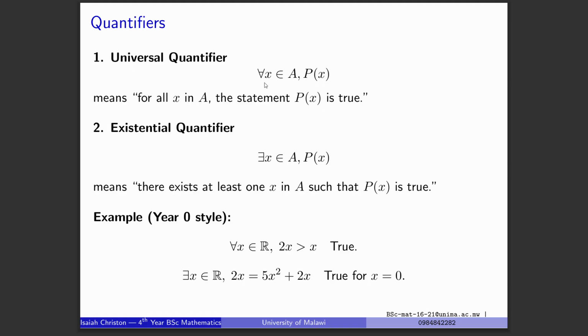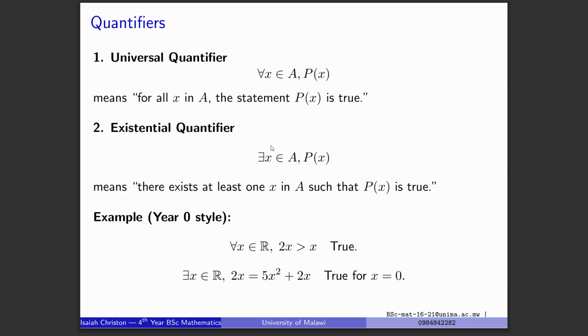Or in other words, for every element x in the set A, the proposition P of x is true, as we have seen in the chapter on propositions, in the series of videos that I've already uploaded. So this says for every element x in A, the proposition P of x is true. Any element that you pick from the set A will make this proposition true.